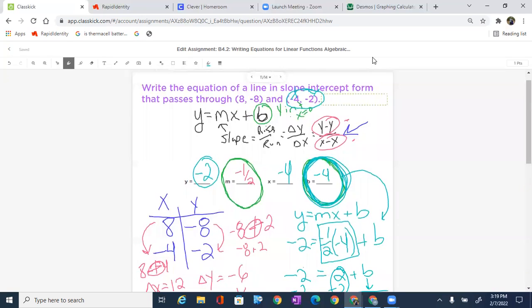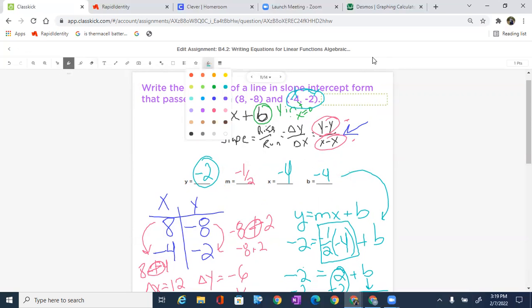Okay. Now, as I stated in the beginning, in order to write this equation, we have to know the two really important things, m and b.